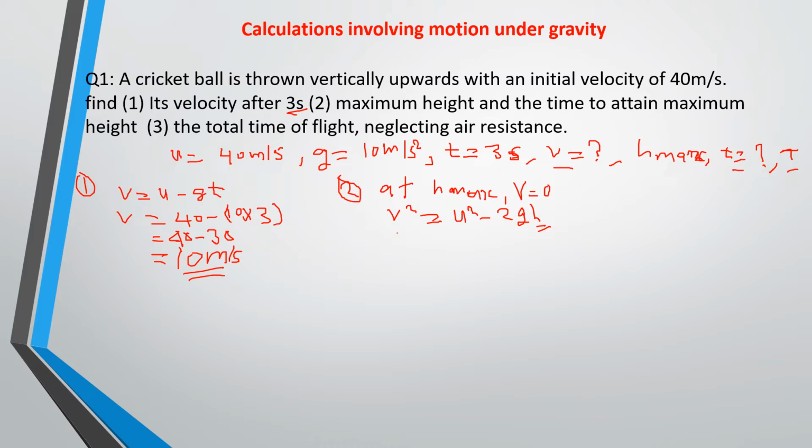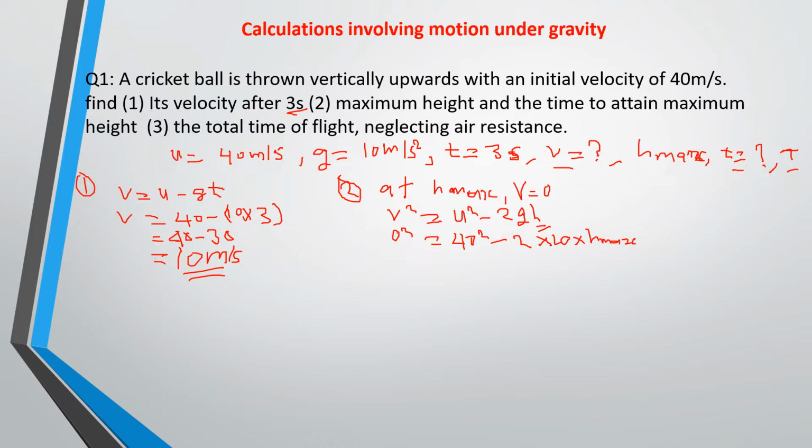So v is equal to 0 already, so that will be 0 squared is equal to u, which is 40, squared, minus 2 times g, which is 10, times h. h is your h max, that is the maximum height you are looking for.